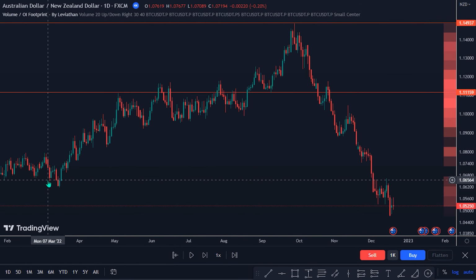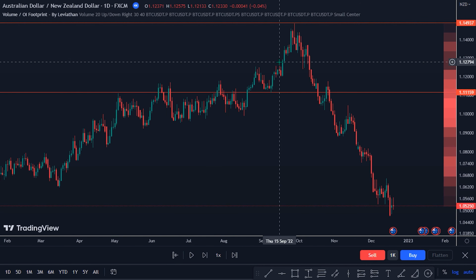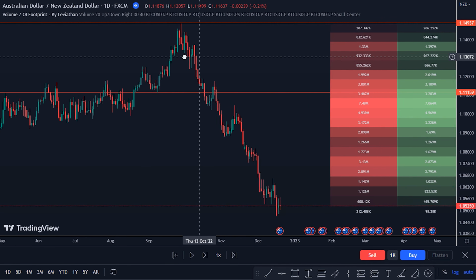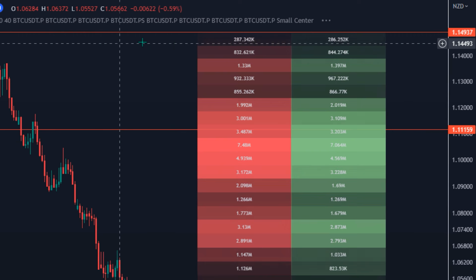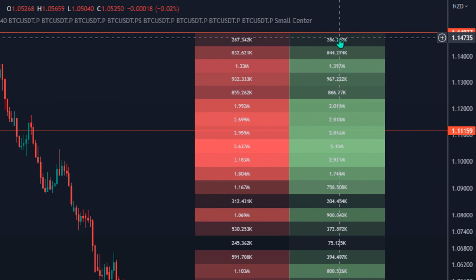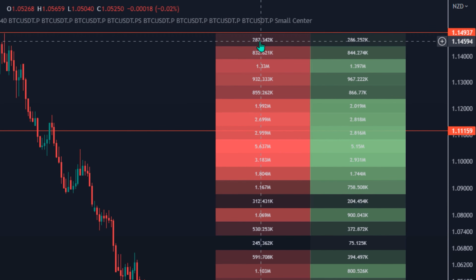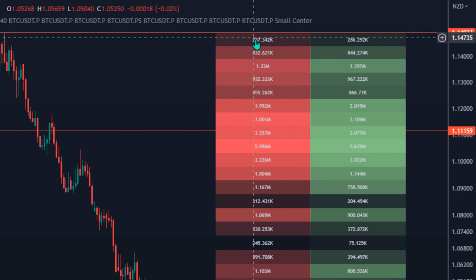Let's study an example of the reversal of an uptrend to a downtrend with this trading indicator. As we can see in this uptrend, there was almost equality at the high swing of 1.14937 price level. The equality was in the range of 287.342K and 286.252K.